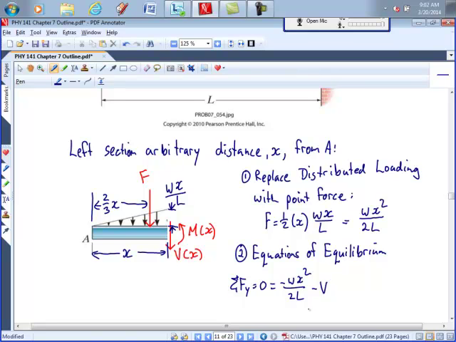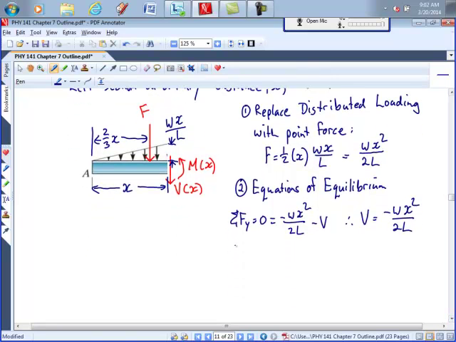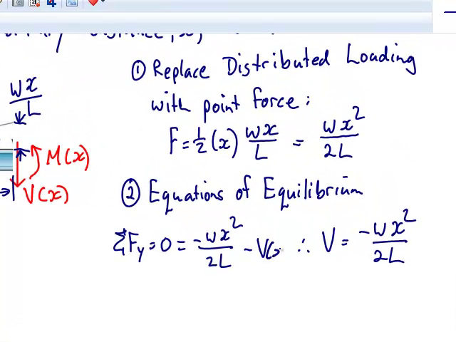Obviously V is not going to be positive shear. So if we solve this, V equals negative Wx squared over 2L. Okay, and what about our bending moment? Oh, that's V of x.